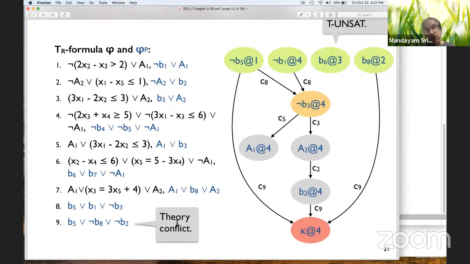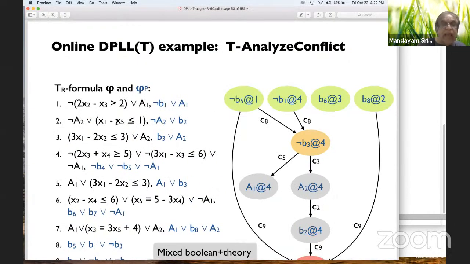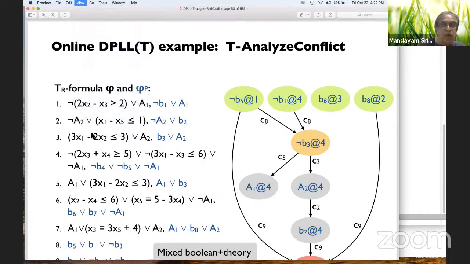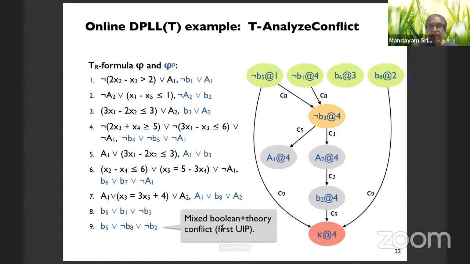So when you take it back into the Boolean level, this results in a theory conflict, and you add that. And this is what I refer to in the algorithm as mixed Boolean theory conflict.